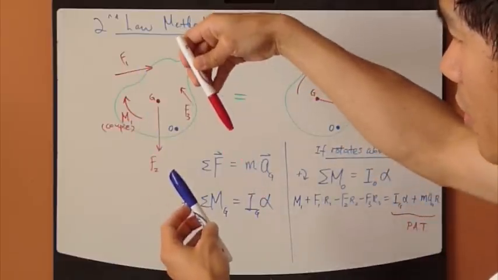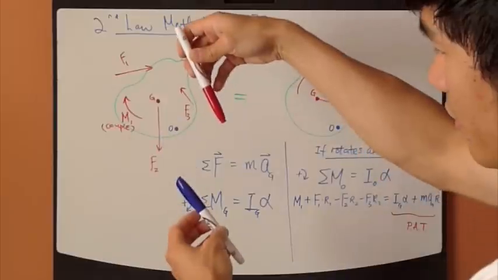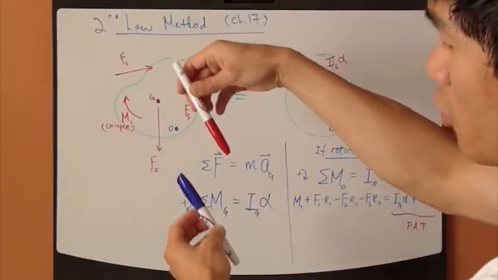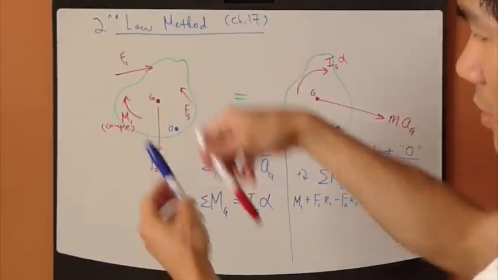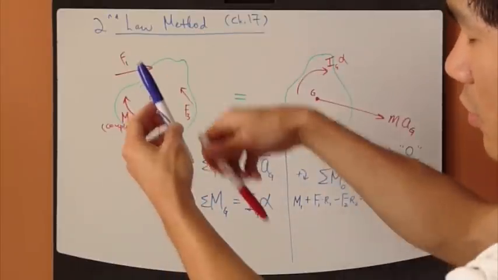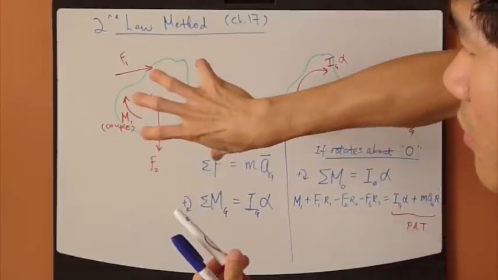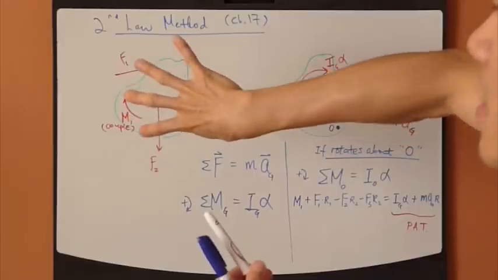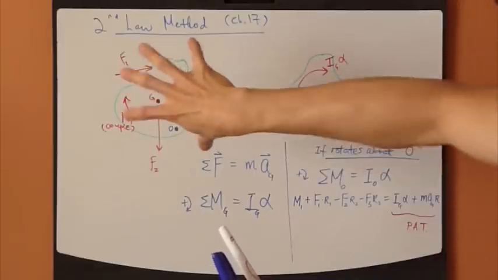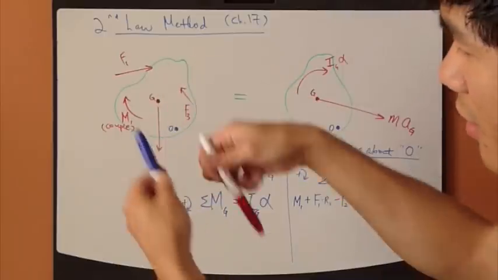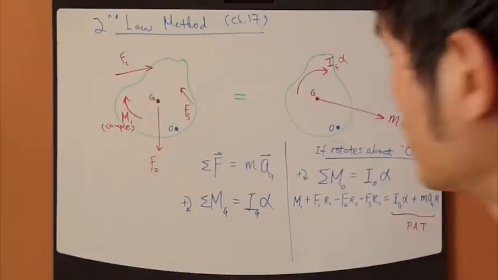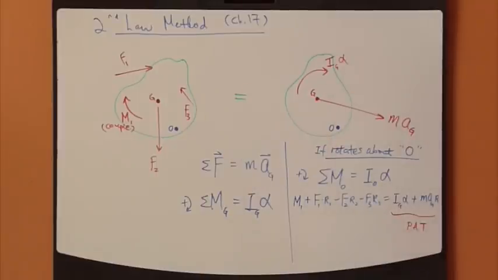So these two forces create something called a couple. These two forces would tend to give an extra rotational motion to this rigid body.